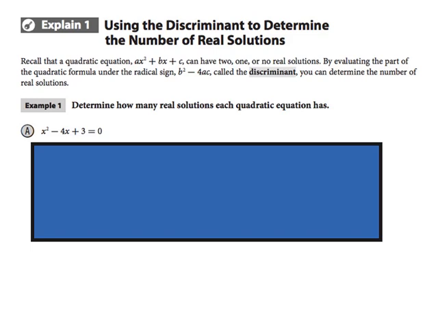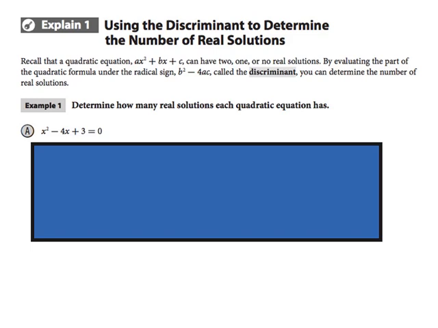Use the discriminant to determine the number of real solutions. Recall that a quadratic equation ax squared plus bx plus c can have two, one, or no real solution. By evaluating the part of the quadratic formula under the radical, b squared minus 4ac, called the discriminant, you can determine the number of real solutions.